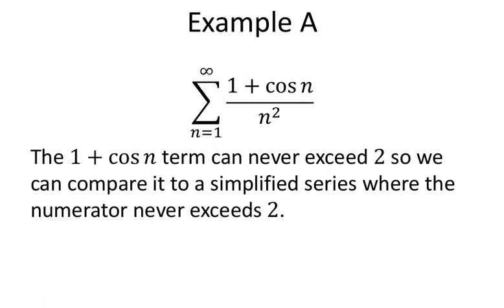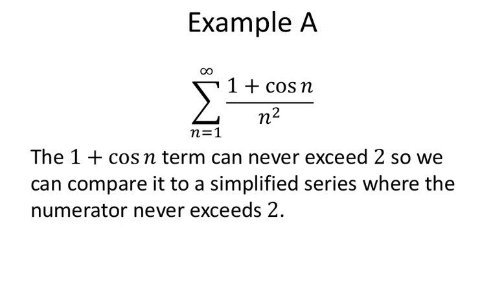And in this one, it might be easiest to replace the numerator for our comparison function. The 1 plus cosine of n can never exceed 2. So we can compare it, because the numerator is only going to range from 0 to positive 2.